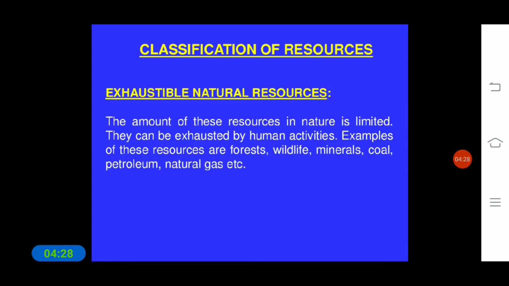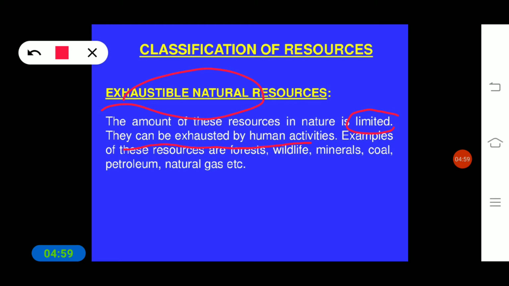Such resources which are available in limited quantity and can be exhausted by human activities, we call exhaustible natural resources.